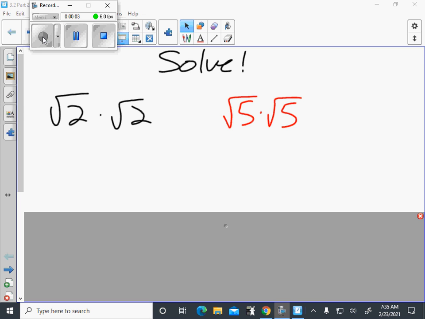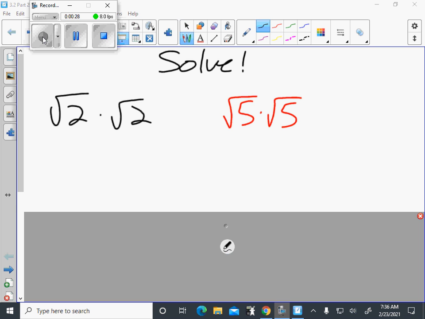Okay, this is the second part of 3.2, and we're working with complex numbers. I want to first start off right here with the square root of 2 times the square root of 2. I want you to see if you know it right off the bat. Can you tell me what the square root of 2 times the square root of 2 is?